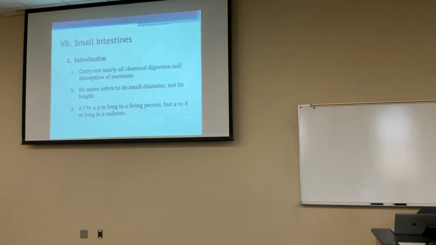Okay, so the small intestines, the next part of the digestive system, carry out nearly all chemical digestion and nearly all absorption of nutrients. The name small intestine refers to its small diameter, not its length. And as I said earlier, on Monday, the small intestine is shorter in a living person, because when you die, those smooth muscles in its walls relax, and when those longitudinal fibers relax, it gets longer.